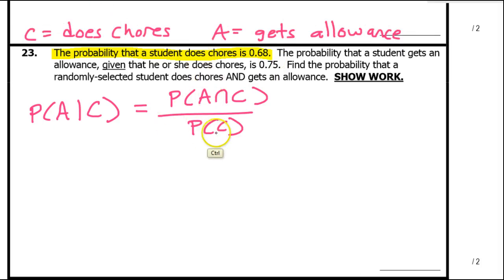So that's the denominator. So this is 0.68 right there. The probability that a student gets an allowance given that he or she does chores is 0.75. This whole given thing is over here on the left. So this is your 0.75.